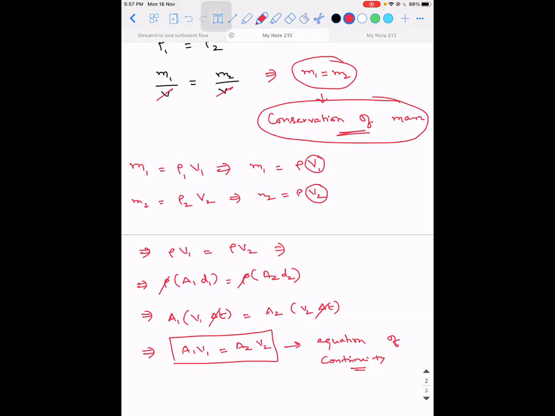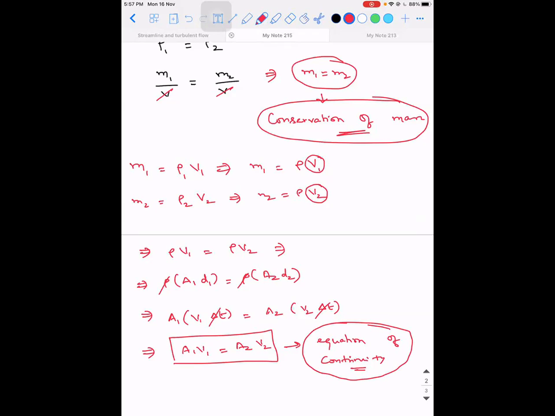So you can ask me, when is it applicable? Where do you know how to apply this? You can apply this equation wherever you see liquid flowing through varying cross section, and what kind of a liquid is supposed to flow? An ideal fluid.